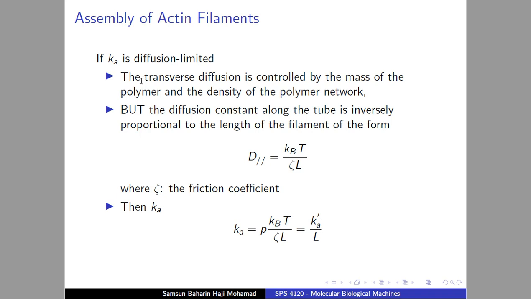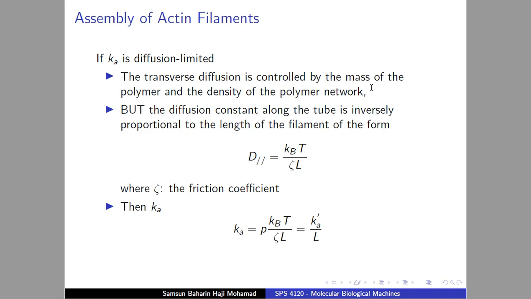So when the polymer network becomes longer, it moves slowly, while the short one can move freely.